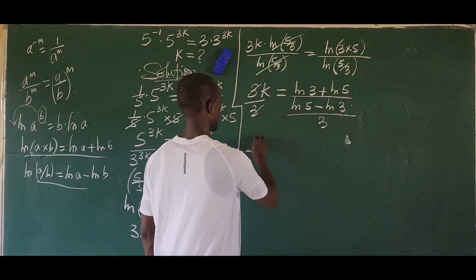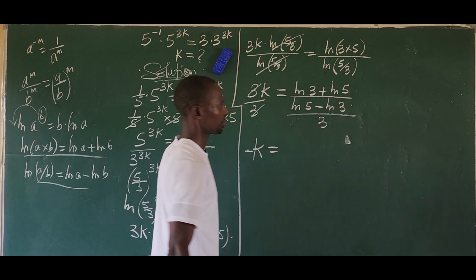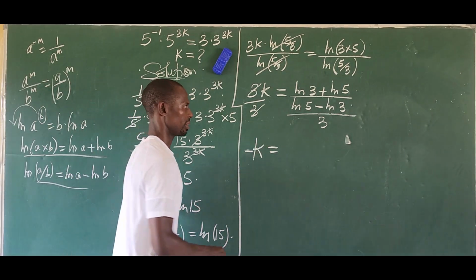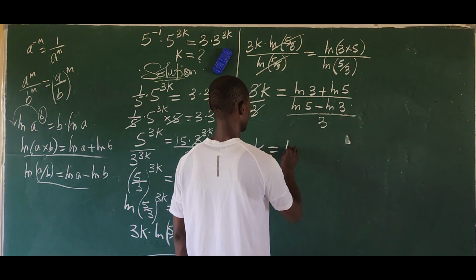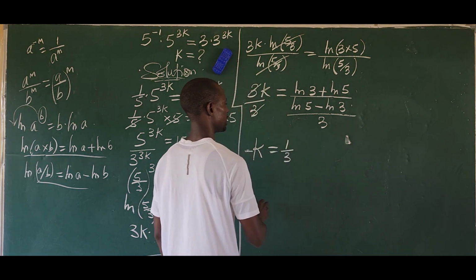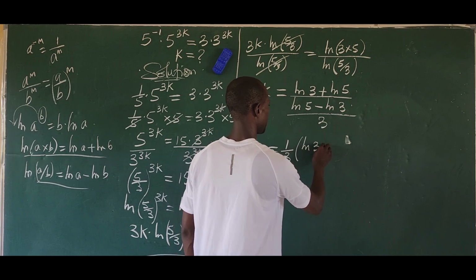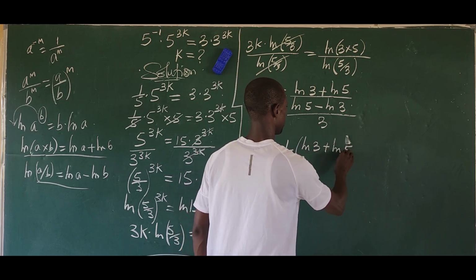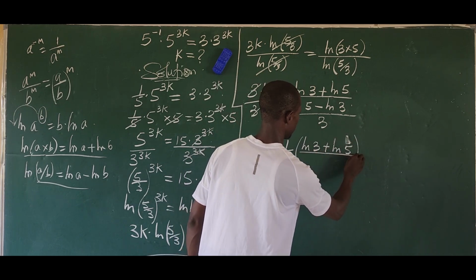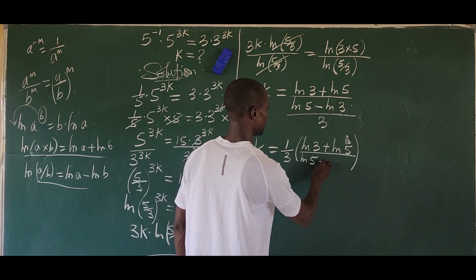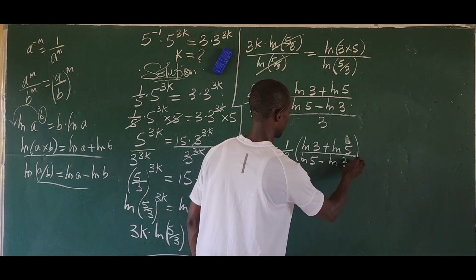So k is now equal to 1 over 3 times the ln of 3 plus the ln of 5, in brackets, all over the ln of 5 minus the ln of 3.